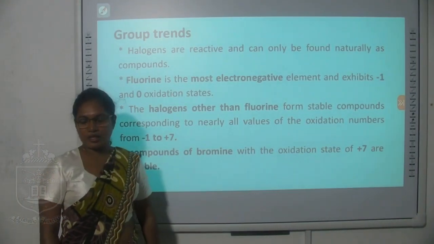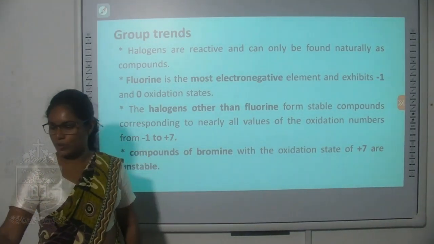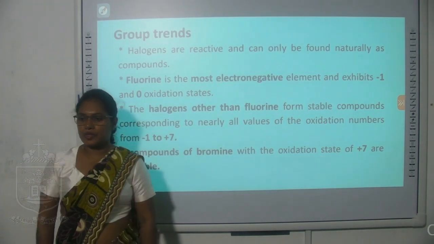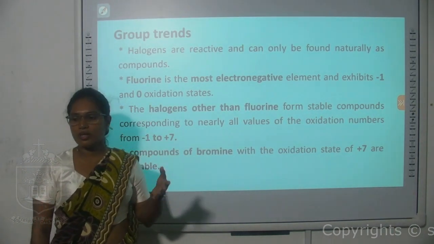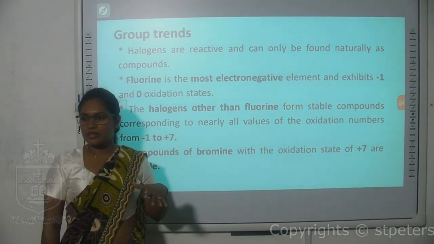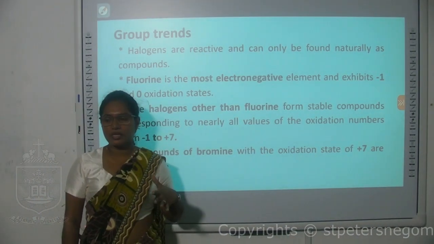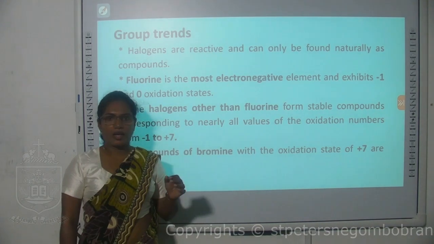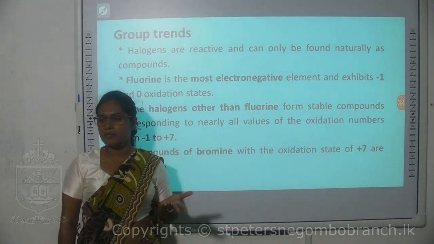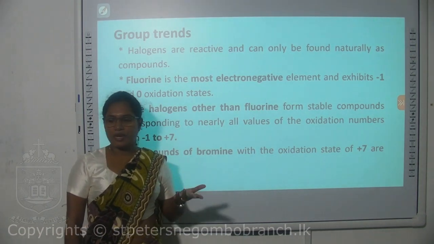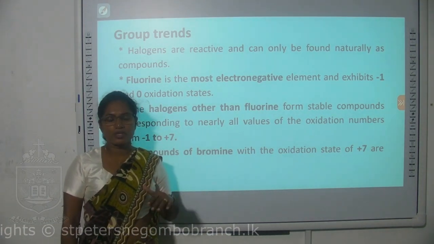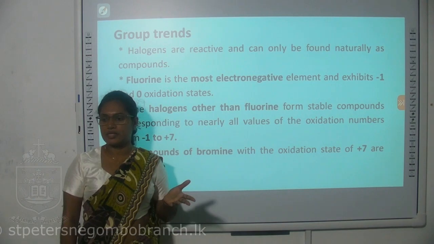First, let's take the group trends. All these elements we normally call halogens, and these halogens are very reactive, and we cannot find them as elements. Normally we find them as compounds because they are very reactive elements.